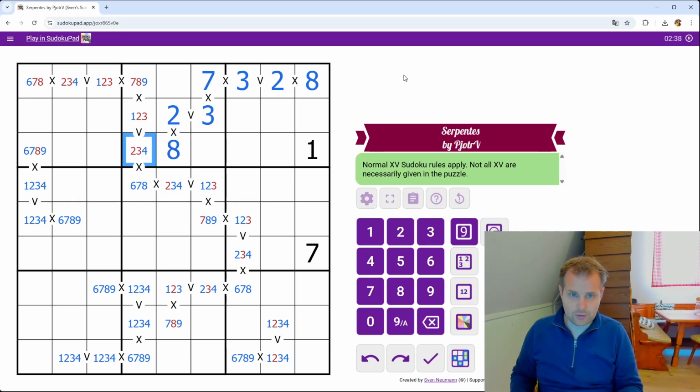Okay, so this can't be 2 or 3 or 1, so it's 4. So we can now do all of this, and that's the way to do it.